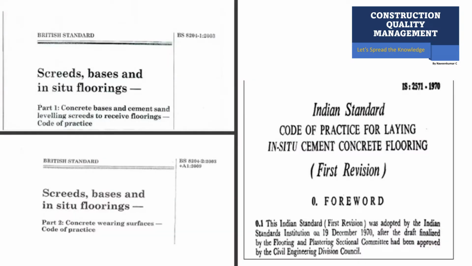For this I will be referring to BS EN 8204 parts 1 and 2, which were reaffirmed in 2003, plus IS 2571 1970. These are the codes I will be referring to while explaining the various tests, test methods, equipment, as well as other inspection criteria.